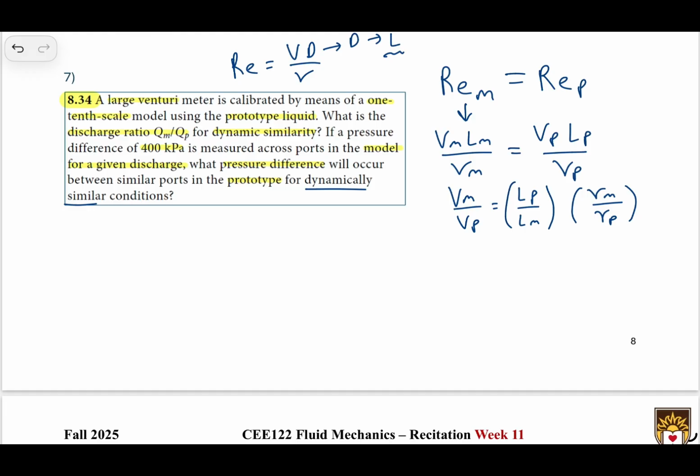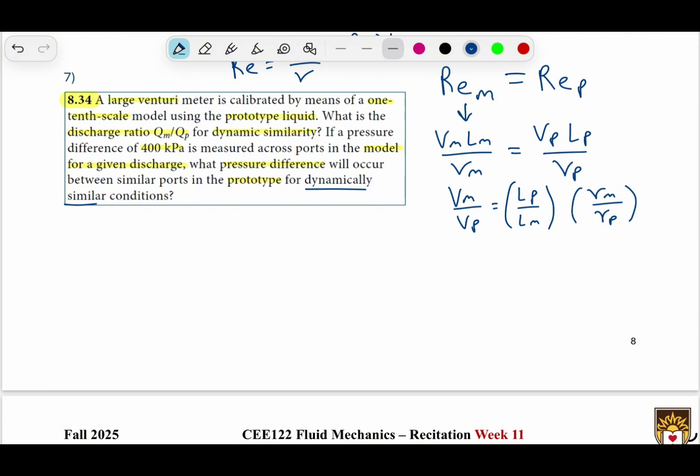So basically, we move this velocity here, LM to here, and viscosity to top. We only gathered same units here.